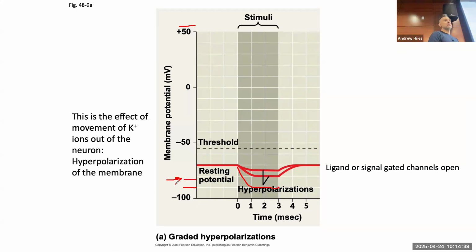But it still might inhibit the cell from fluctuating, because you have a greater conductance or a greater permeability for chloride. You'll tend to hold it at that equilibrium potential, because the membrane potential is always a weighted average of the different permeabilities times their equilibrium potentials. Okay, so that's hyperpolarizations.